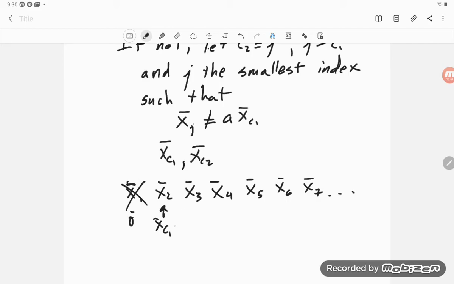Maybe this vector was just a multiple of x sub c1, but this one's not. So now this is x sub c2, and c2 is 4. And we just keep marching this way until we get through all the vectors.